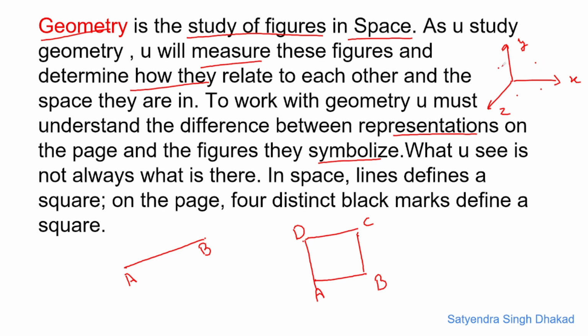To describe a square in 3D, we need 4 lines. That's why we should understand the difference between the representation and the symbol. What we see in geometry is not always there.